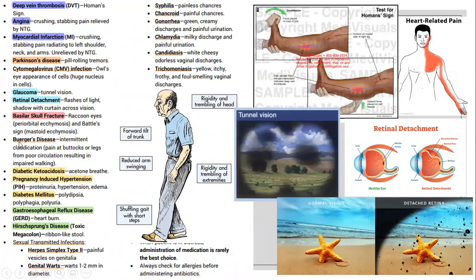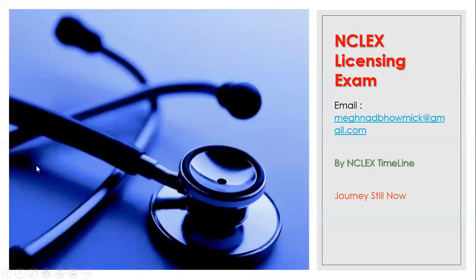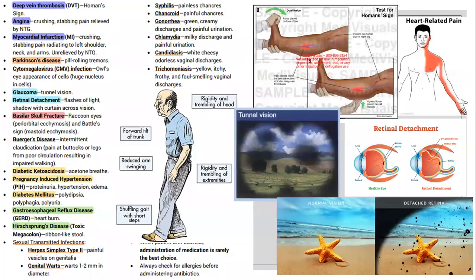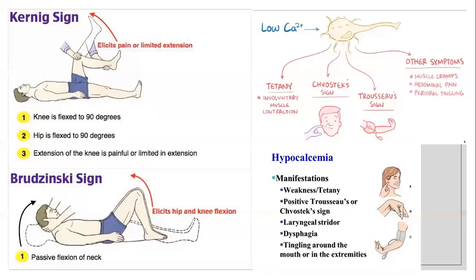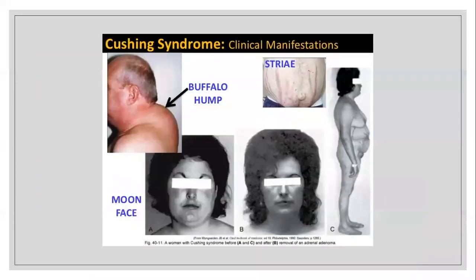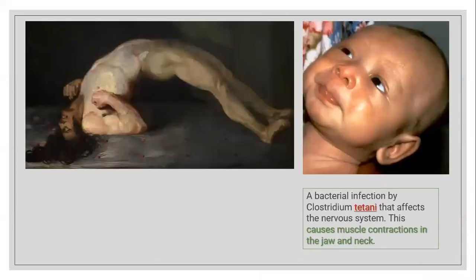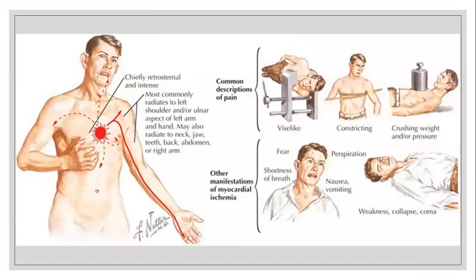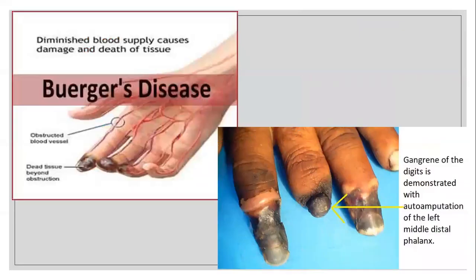In case of Buerger disease, it is intermittent claudication, pain in the buttock or legs from poor circulation, resulting in impaired walking. So the patient explains, when I walk, pain starts. When I take rest, pain disappears. It is the characteristic nature of Buerger disease, right?